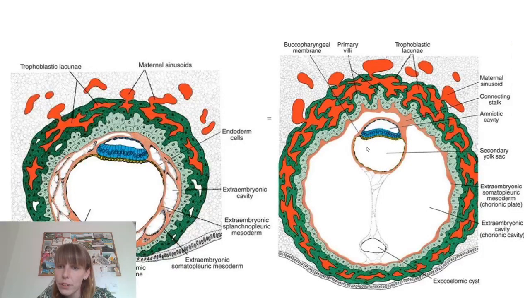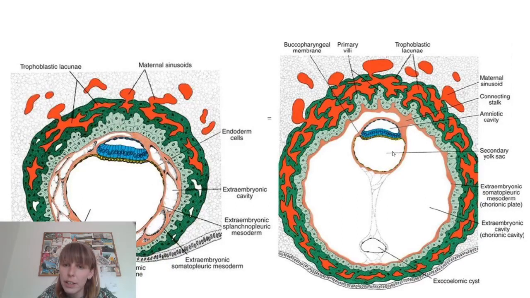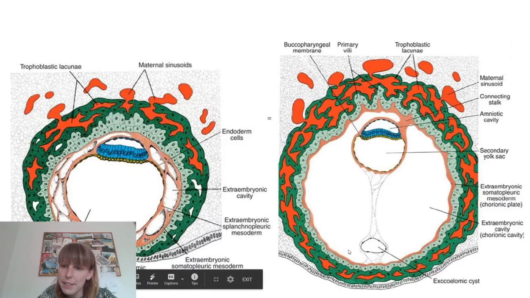So the yolk sac is here close to the embryoblast, and we will now talk about what happens to it. The primitive yolk sac is what it's called at the beginning, and then secondary yolk sac when we are already in this stage with the big chorionic cavity.